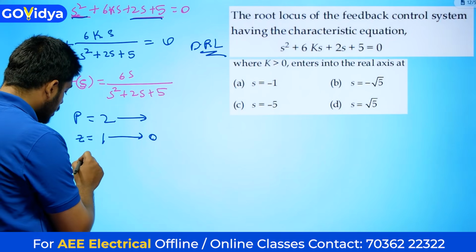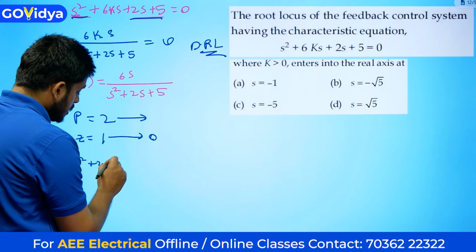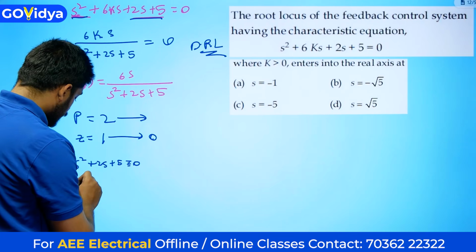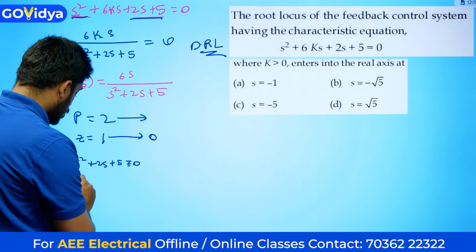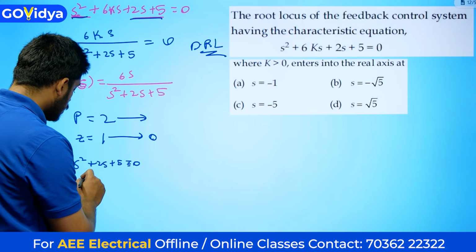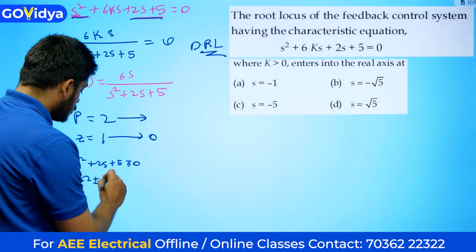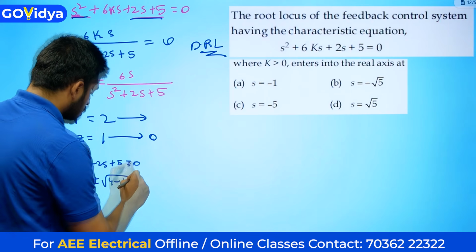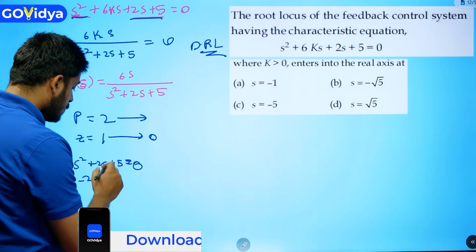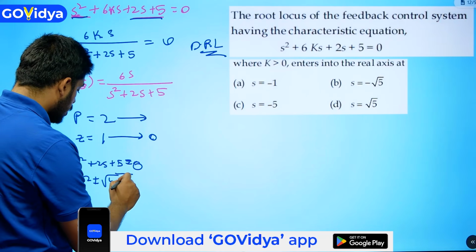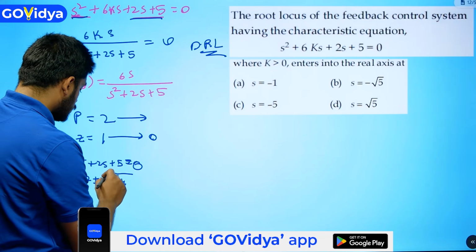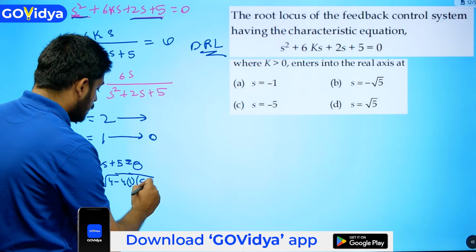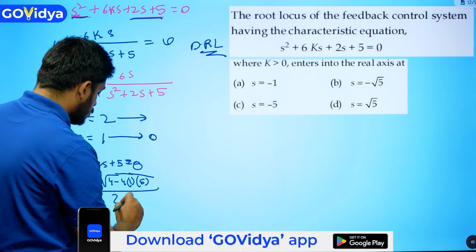Solving this equation, s square plus 2s plus 5 is equal to 0. We'll solve using the algebraic formula: minus b plus or minus root of b square minus 4ac, by 2a. b square is 2 square, which is 4, minus 4 into a, 1, into c, 5, by 2 into a.